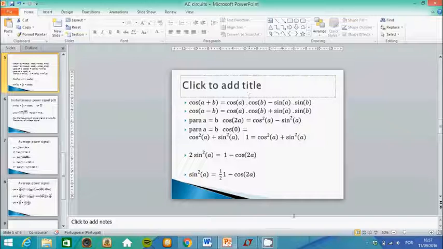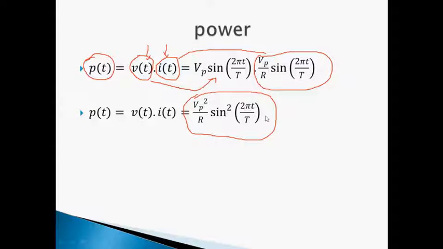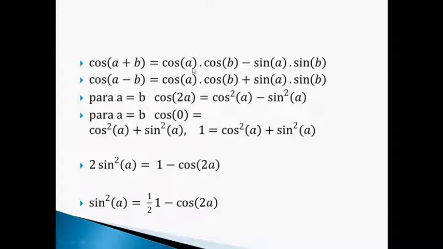Well, we have the expression of p(t), that is a function of the squared sine. Let's eliminate the square using the well-known formula of the cosine.